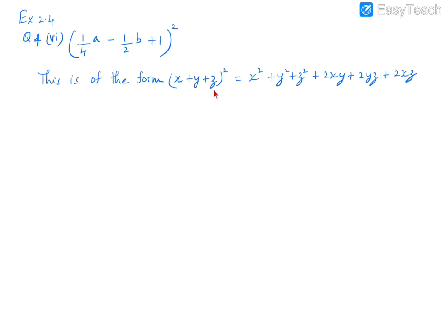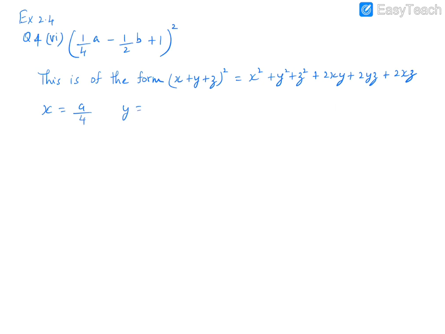Okay, so we just have to use the identity for x plus y plus z the whole square and substitute the corresponding values, and we'll get the answer. So in place of x we have a by 4.